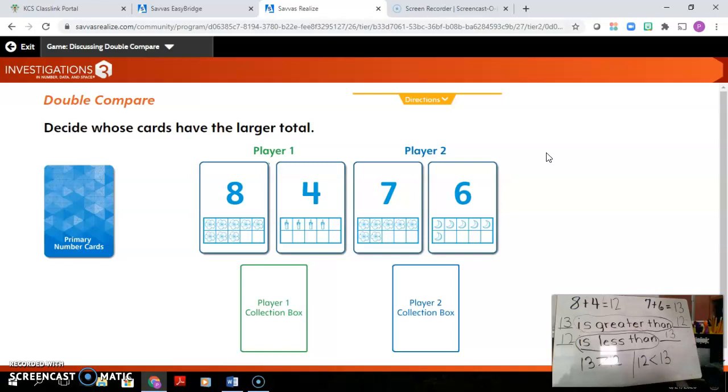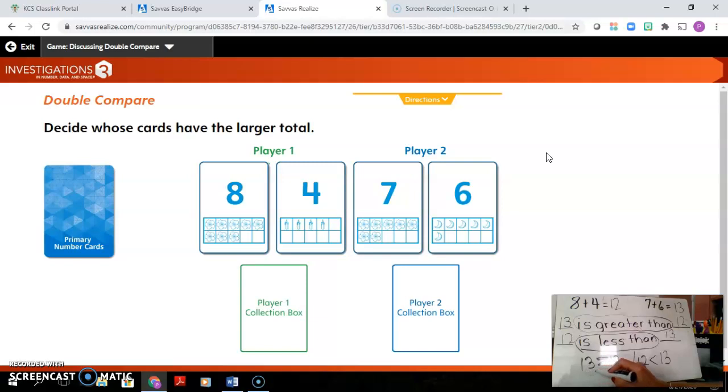Now, how can we remember what these symbols mean? Well, this might help you. Let's say that this is Mr. Alligator, and Mr. Alligator only wants to eat the greater number. So we're going to put some little teeth here, Mr. Alligator, some sharp teeth, and his open mouth is going toward the greater number.